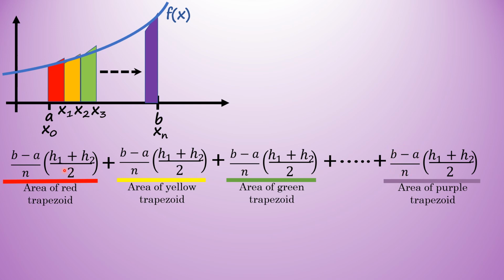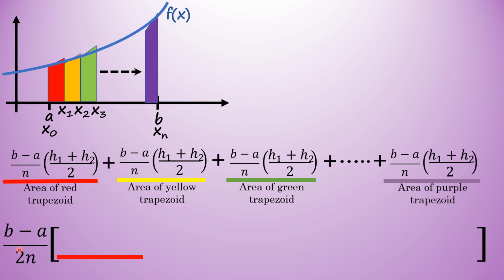Additionally, each trapezoid's area formula includes a division by 2, so the b minus a over n and the divided by 2 can both be factored out to the front. B minus a over n is factored out to the front, and then because all of the formulas involve a division by 2, I'll factor the 2 out to the front as well. Let's see what we're left with inside of the brackets here.